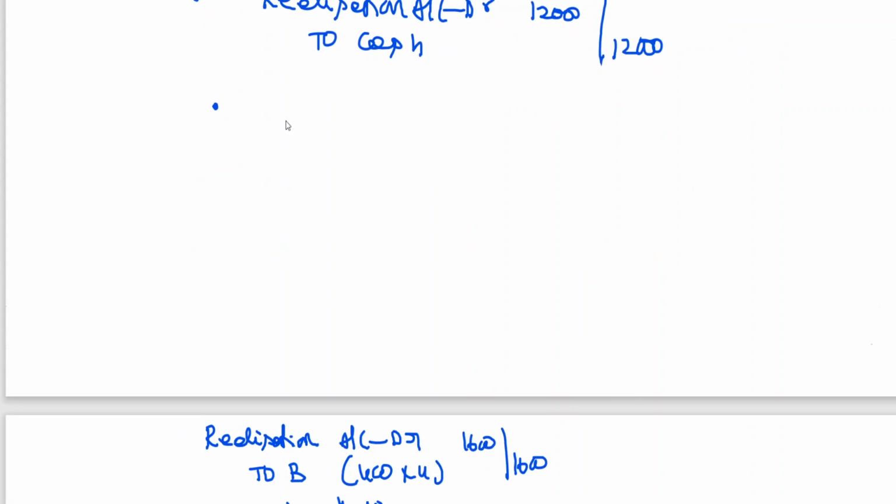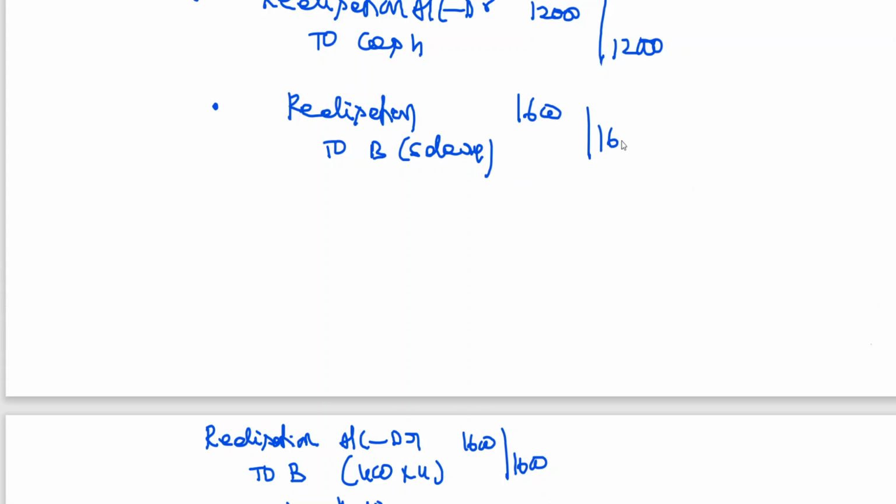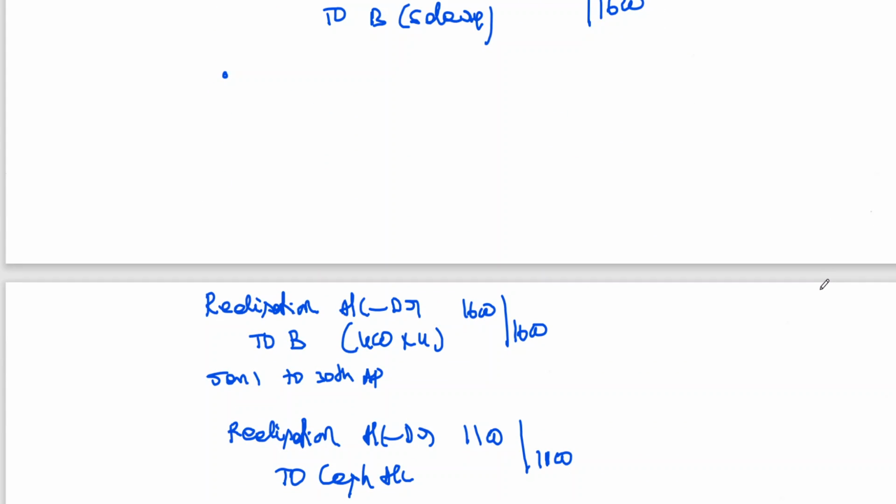In relation to B, salary 1,600. Then in relation to cash, expenses.